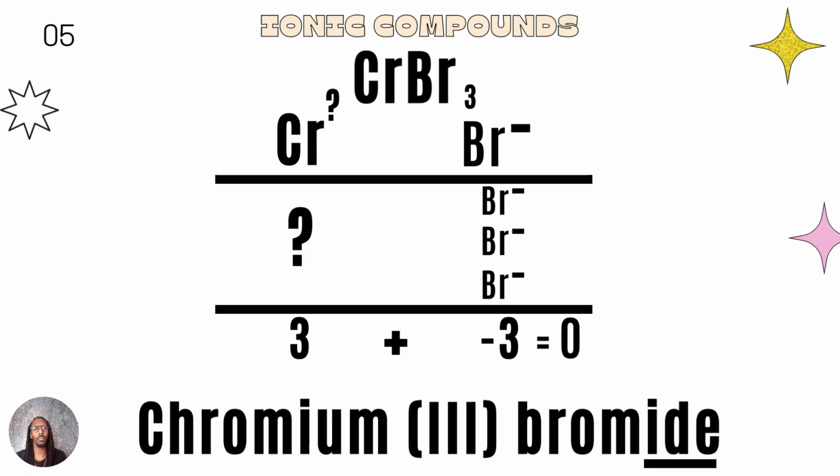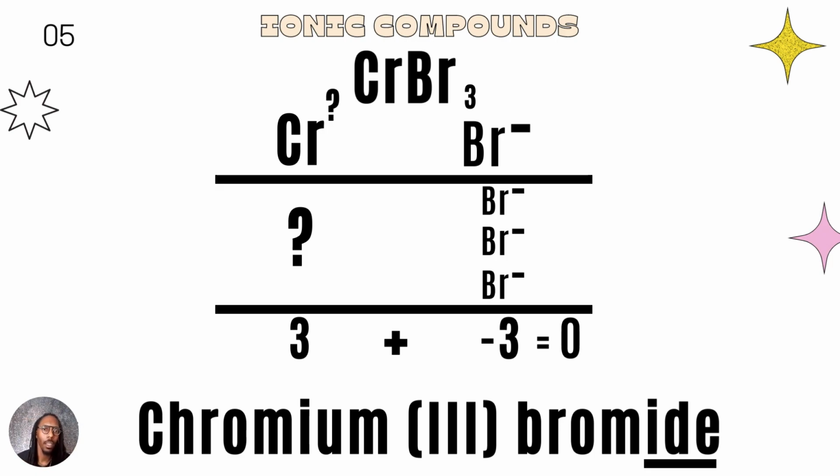So that is the charge of my chromium. Basically, I had to figure out my anion before I could figure out my cation. And that's what I suggest you all do when it comes to naming ionic compounds. Figure out your anions first, then let's figure out this crazy transition metal, because we understand I can have one charge or I can have another charge.